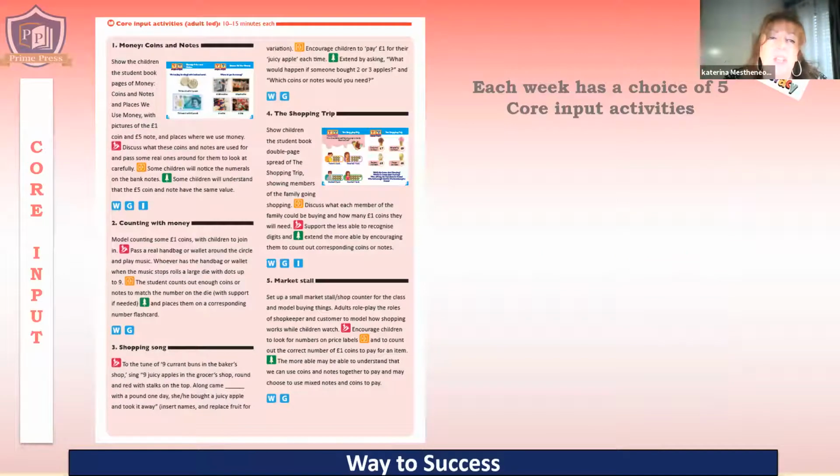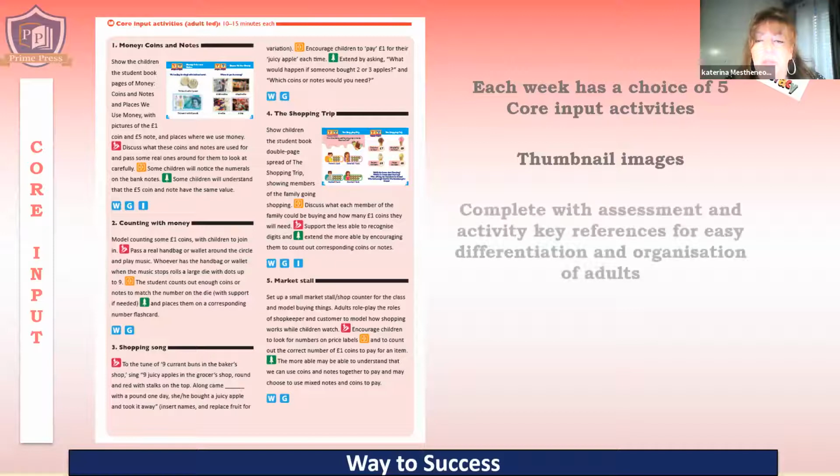The next page that you get is a page of the core input activities. There are 5 of these for each week. There are thumbnail images in the teacher's book, so you know where they are in the student's book.